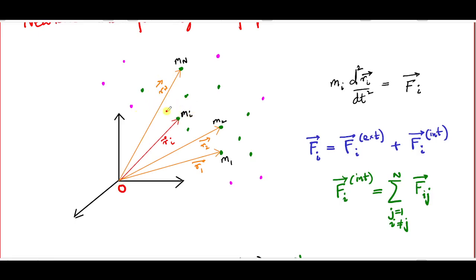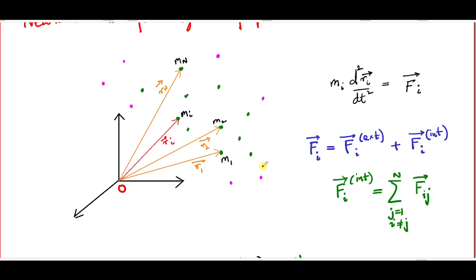Let us focus on a particular one of this set, the ith one, and its mass is mi and position vector is ri. Now this is a point particle. Our entire system may be a collection of lots of particles, but each individual particle here is a point particle. And so I can definitely use Newton's laws for it directly.